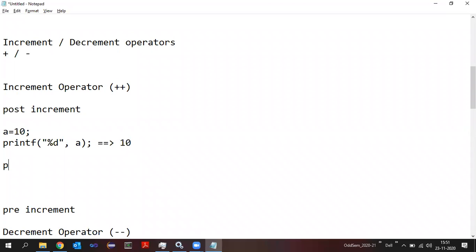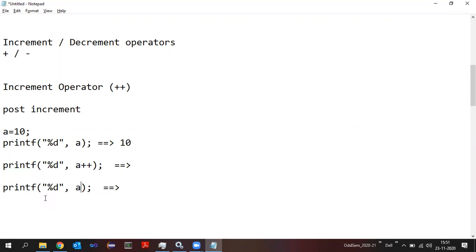Now printf("%d", a++); Okay, just don't speak anything, I will explain something here. This is the first statement. Then the second statement, let me copy this one and put it here.